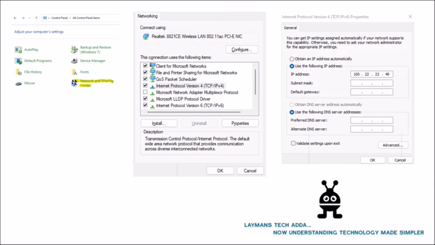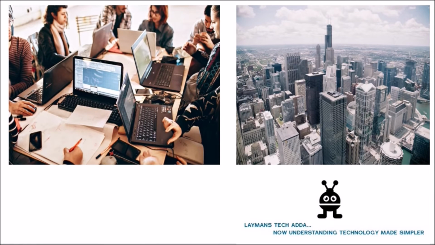Sounds pretty simple, right? But if you have more than one computer, or even 100 or 500 computers, or even 1,000 computers across the buildings, across the city in various branches.